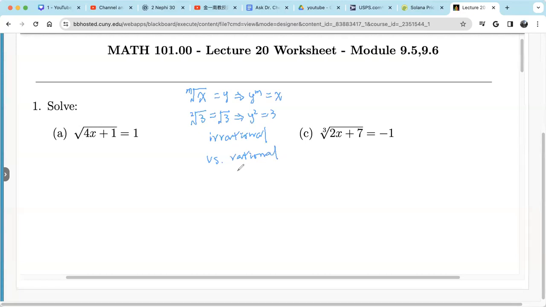Rational numbers could be like 1/2 or negative 1/3, so we can make sense of those. But for the square root of 3, we can only approximate. If we press it into a calculator, the calculator gives us an approximation. So no one really knows its exact value.